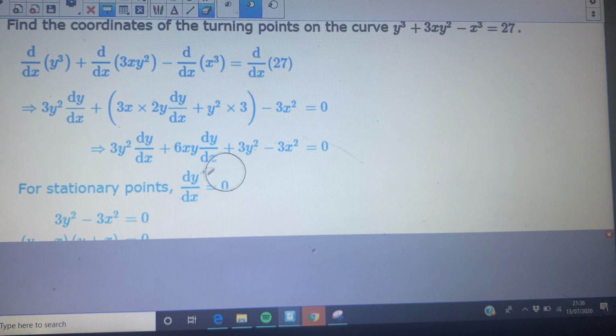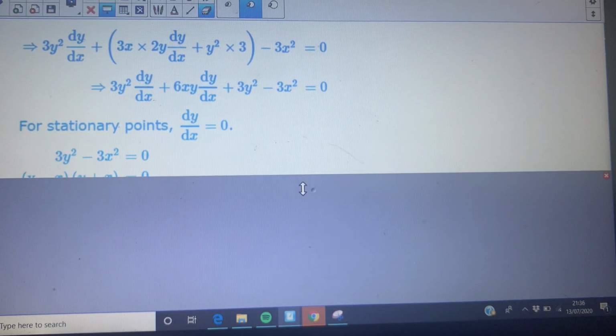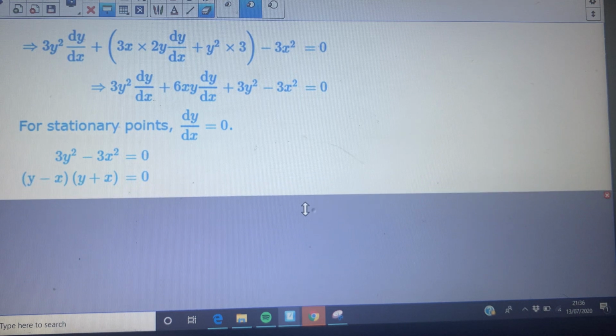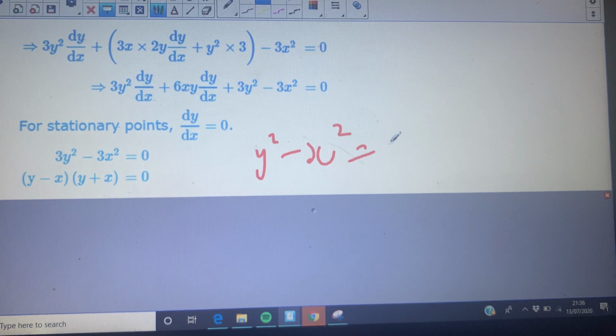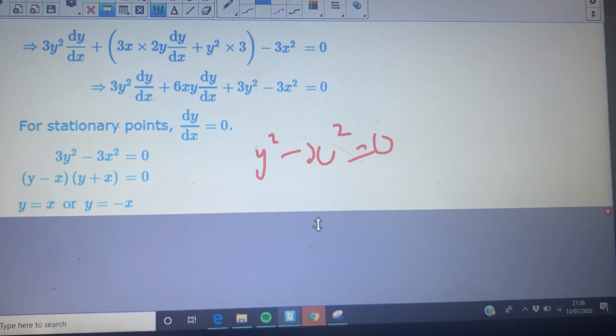You're now going to solve that. So you could divide all through by 3. If you divide all through by 3, you end up with y squared minus x squared equals 0. And that factorizes. So you're ending up with y is x or y is minus x.